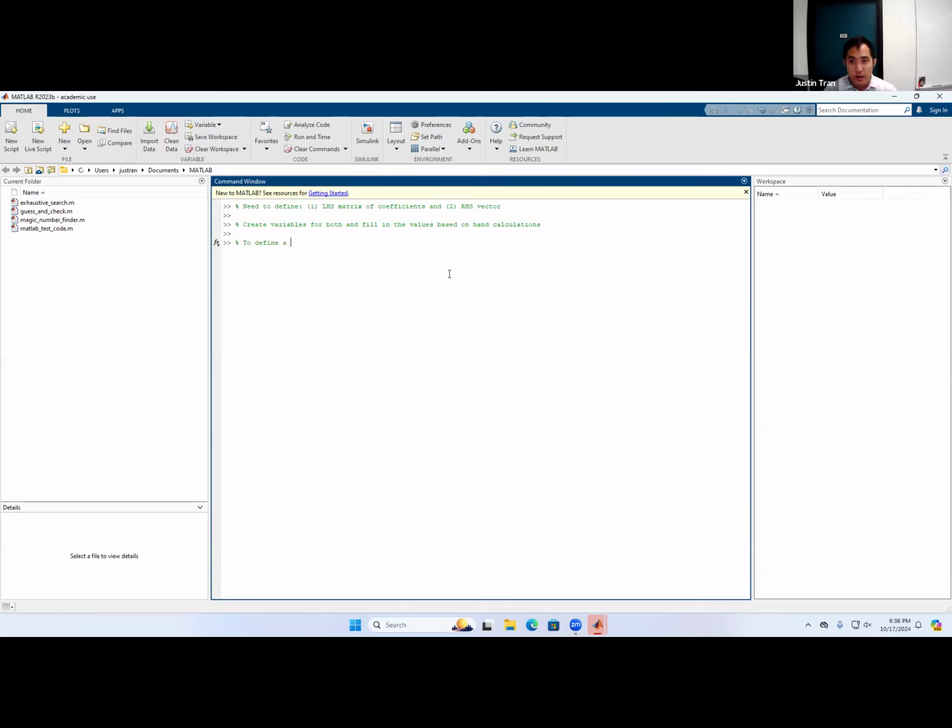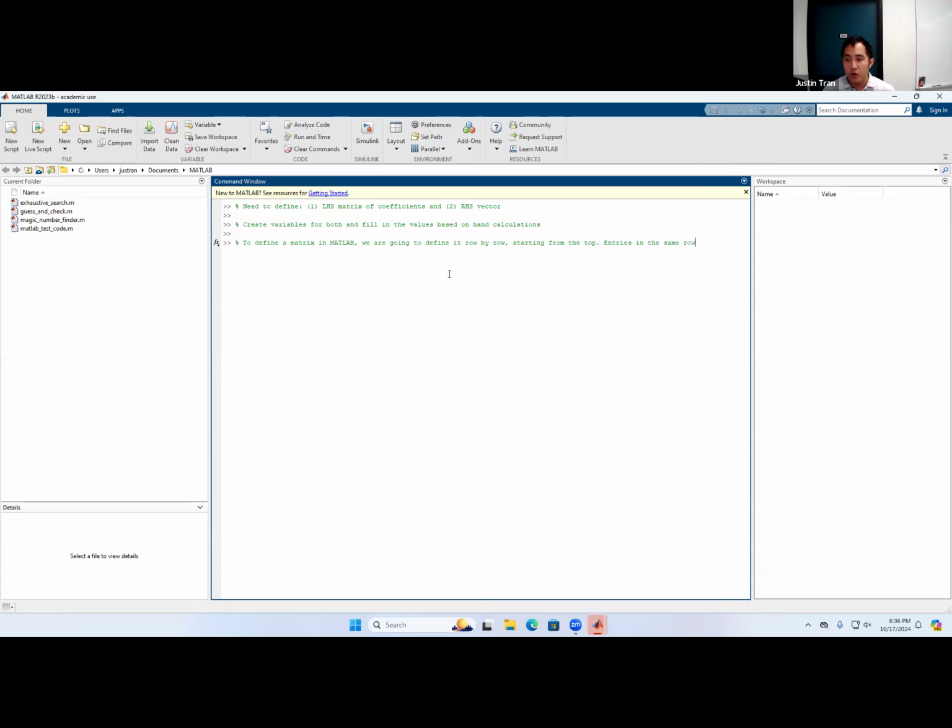To define a matrix in MATLAB, okay, we are going to define it row by row, starting from the top. Okay.